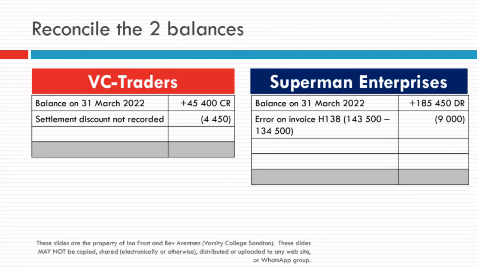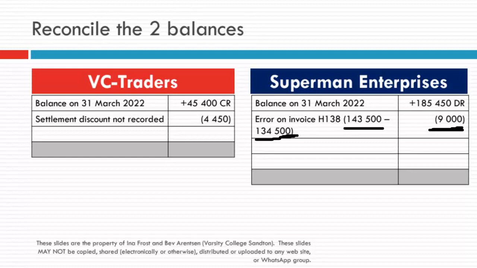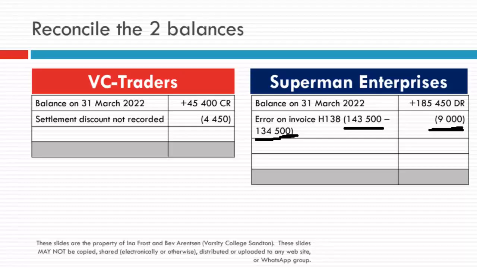So remember again, the same as Learning Unit 1, we're only going to work with the difference between the two amounts to make this correction here for Superman Enterprises. And also remember, when you do a question like this, you need to show clearly which of these amounts you are going to add and which of these amounts you are going to subtract.